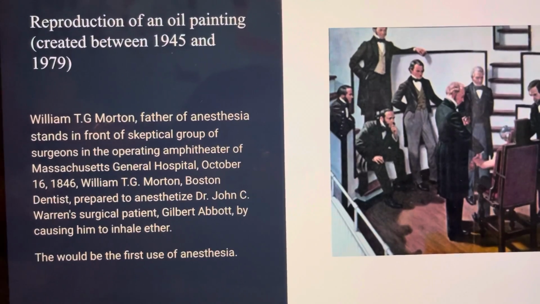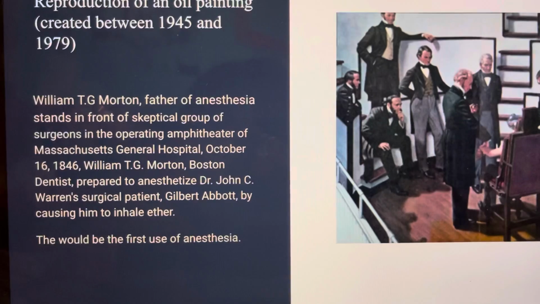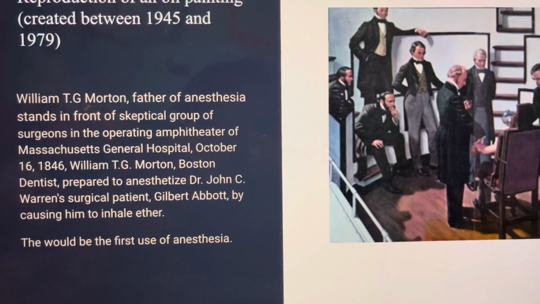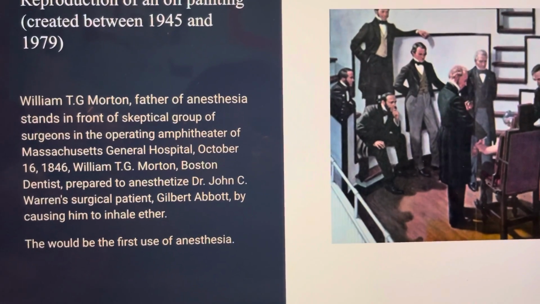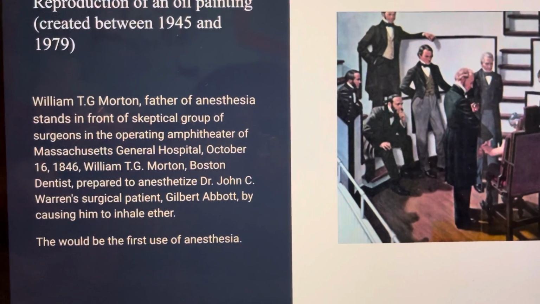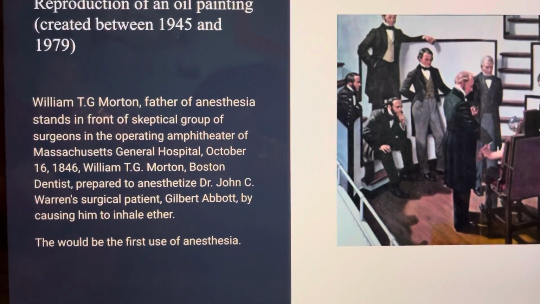An important date to remember is October 16th, 1846, which is when William Morton, who was a Boston dentist at the time, prepared to use anesthesia for the first time with Dr. John C. Warren's surgical patient.